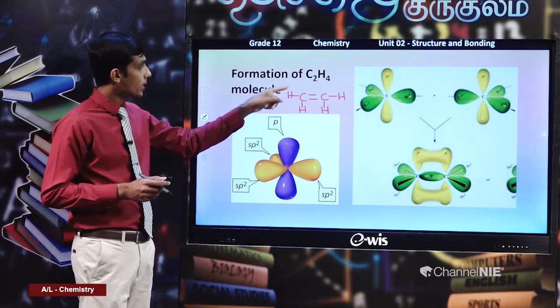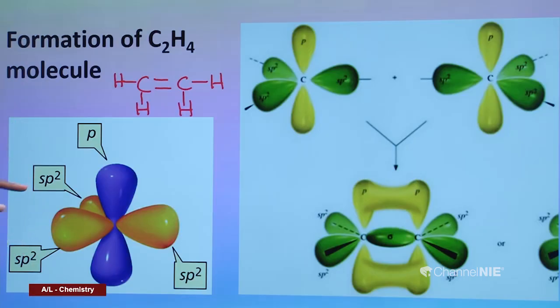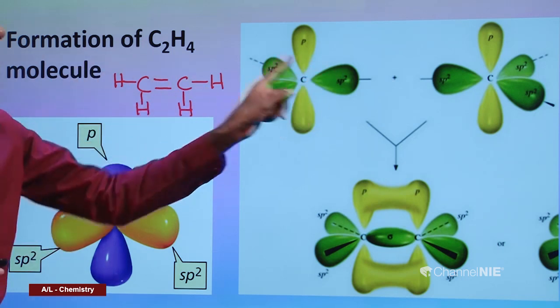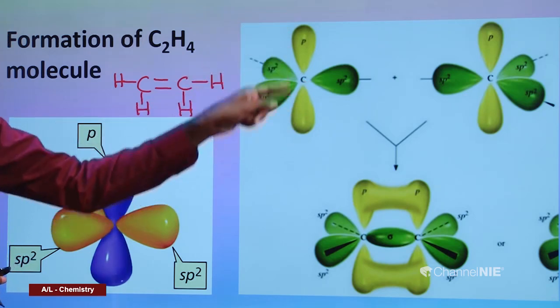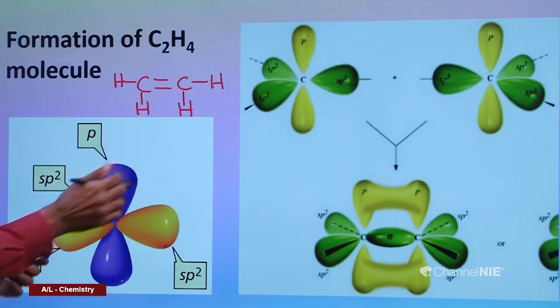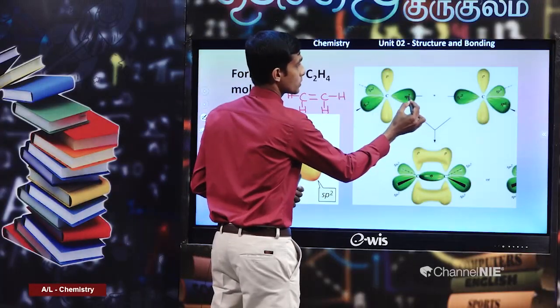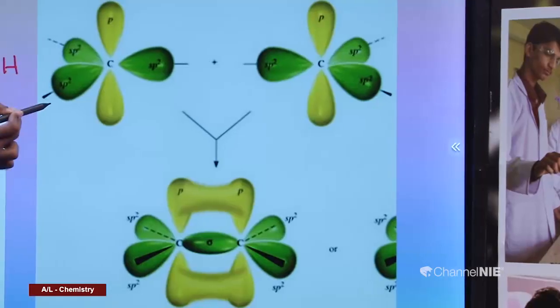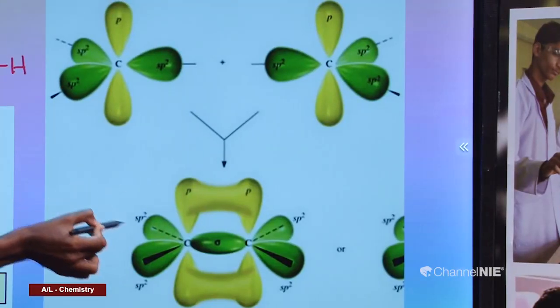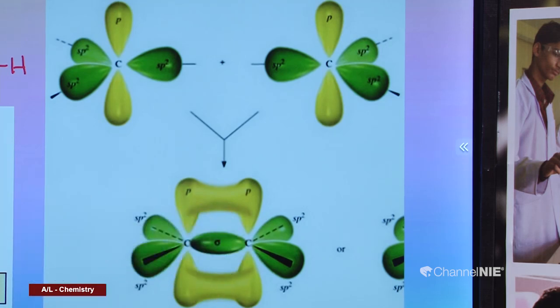Therefore, this should undergo sp2 hybridization. So, if sp2 hybridization is there, then both carbon atoms will have sp2 orbitals like this, with the unhybridized orbital perpendicular to them. Then these 2 sp2 orbitals of the carbon atoms will overlap linearly, forming a sigma bond, and the other sp2 orbitals will overlap with hydrogen atoms to form sigma bonds.